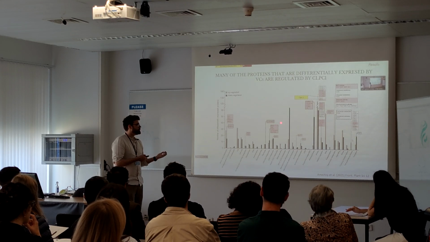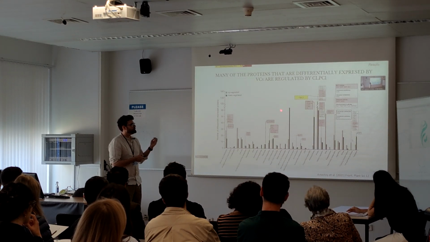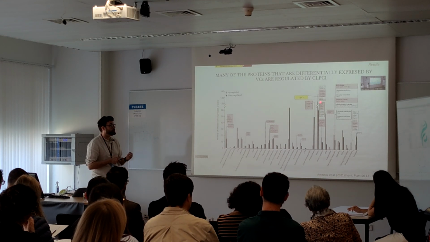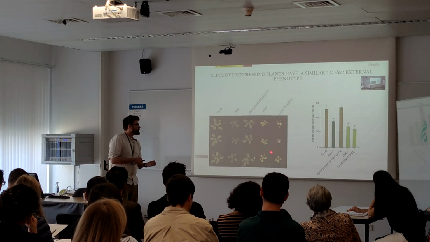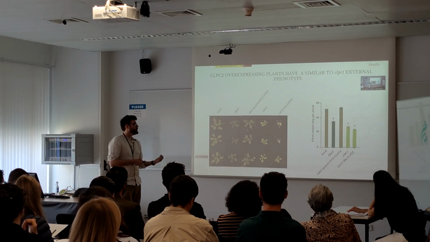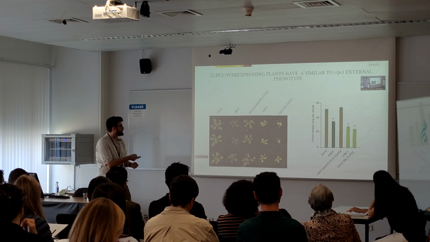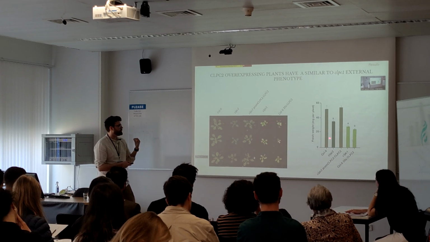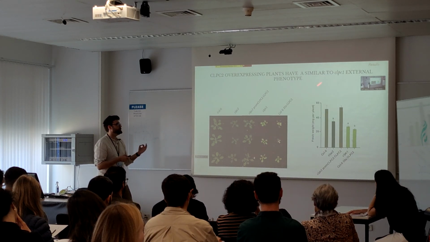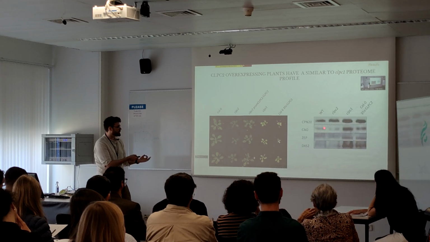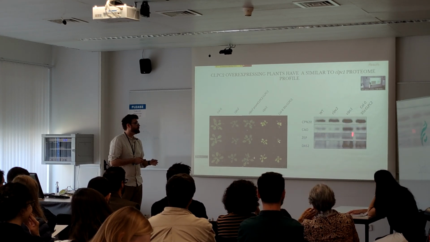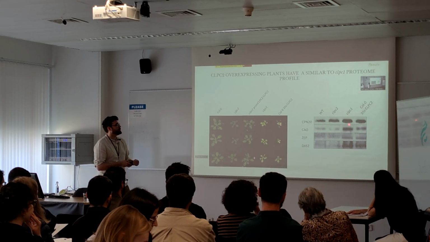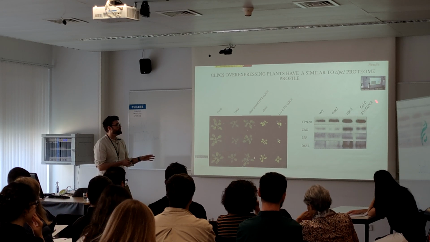So we made wild type plants with an overexpression of CLPC2 and discovered that they act like CLPC1 mutants in phenotype, with a yellowish phenotype. When we analyzed the concentration of proteins that are targets of CLPC1, we discovered a similar profile in the CLPC1 mutant and the wild type overexpressing CLPC2, and totally different from the CLPC2 mutant.